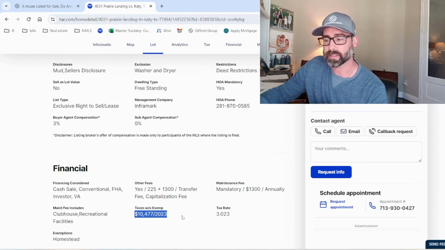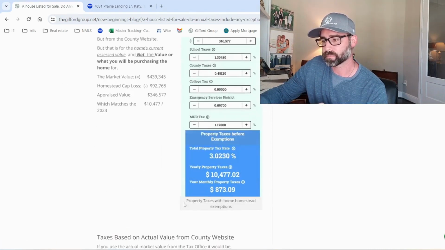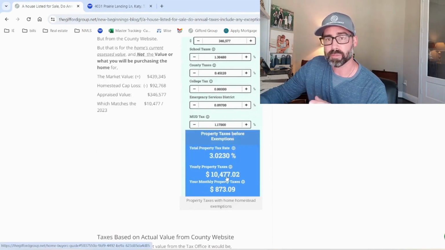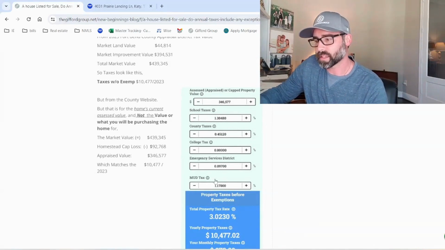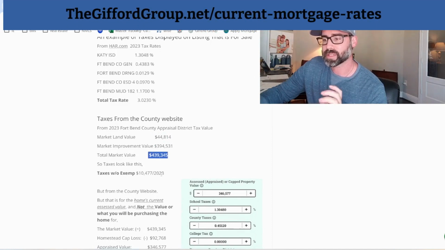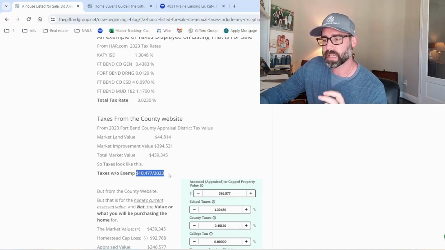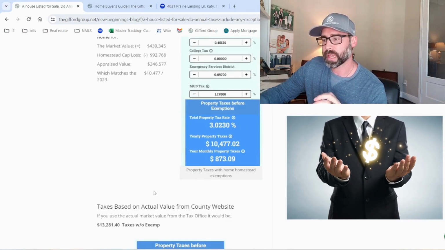Well, not exactly, because that is taking into account the cap loss, since that's just the appraised value. I already did this calculation, so it showed you what without exemptions is, about 10,000. This is $346,000 right here, so it matches exactly. This is a previous calculation. It was showing the total market value, but it wasn't showing you what the taxes were for that. It was including the cap loss.